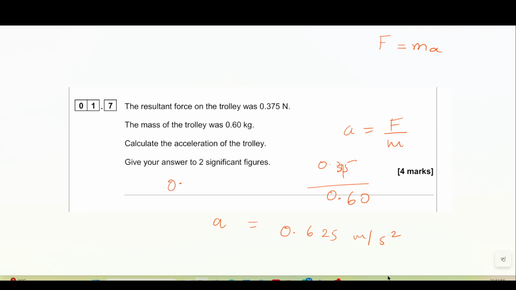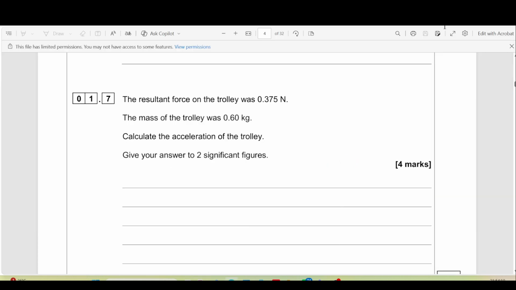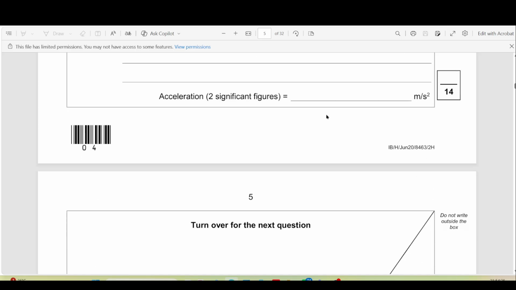Did you divide 0.375 with 0.6? Yeah, I think it is 0.625. Let me check in marking scheme. Oh, wait, I did 345. 0.625 meters per second squared.